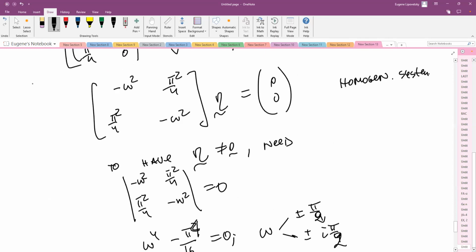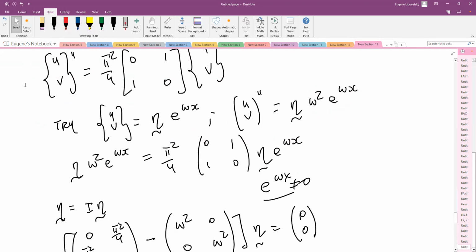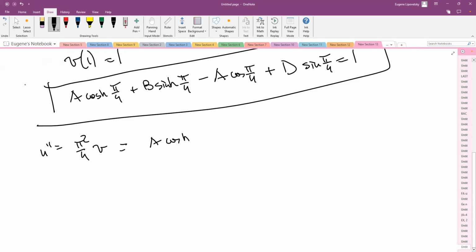u double prime equals pi square over 4 times v, which is a cosh of pi over 4 times x, plus b sinh of pi over 4 times x, minus a cos of pi over 4x, plus d sine of pi over 4x.